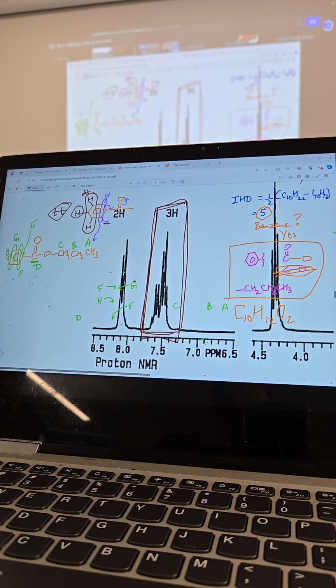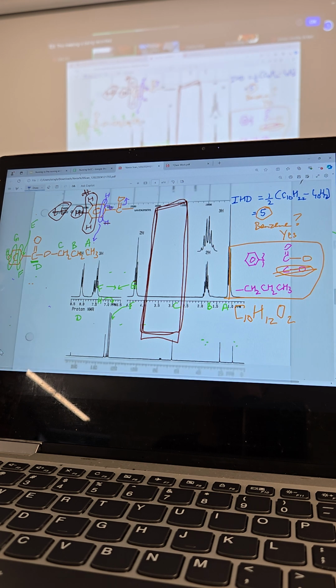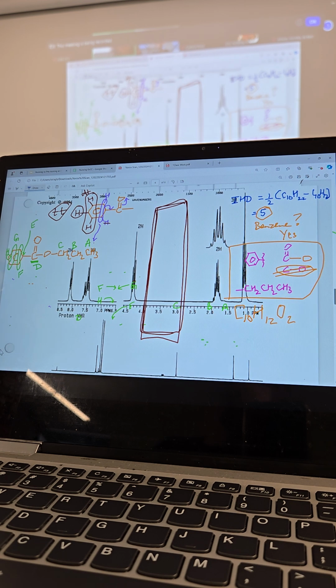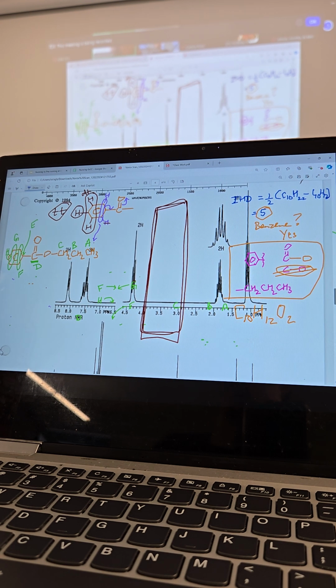So the hydrogens that are equivalent to each other should be more shielded compared to that singular hydrogen because of resonance. That doesn't change anything.